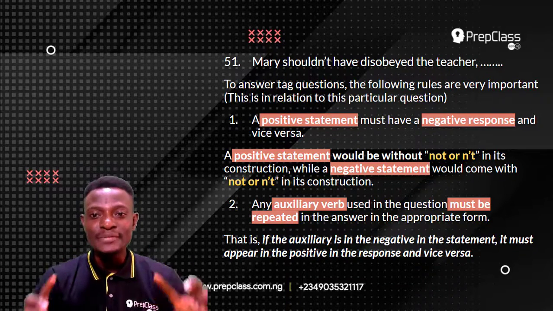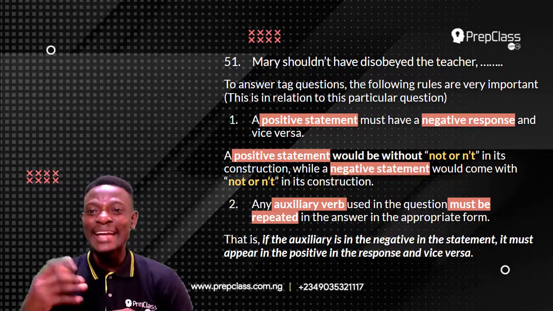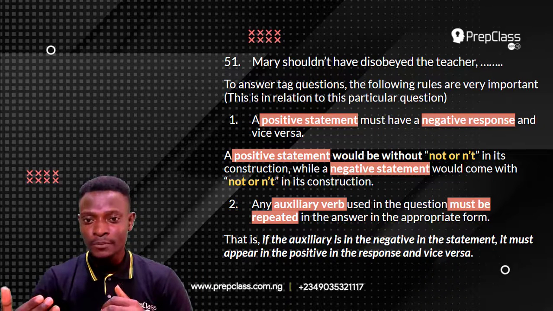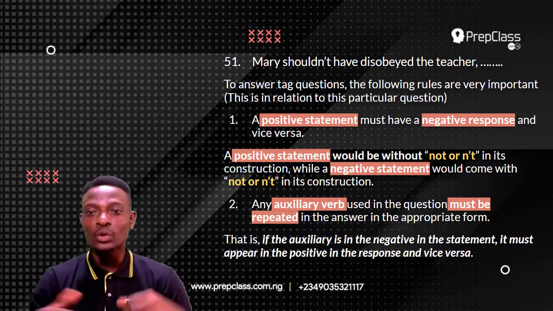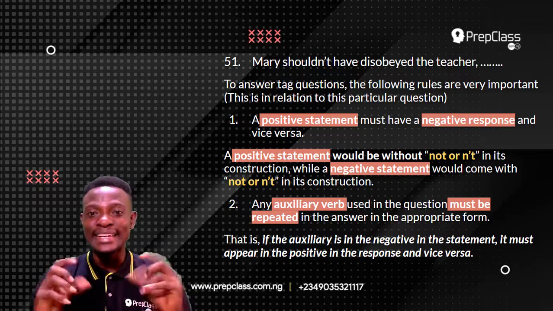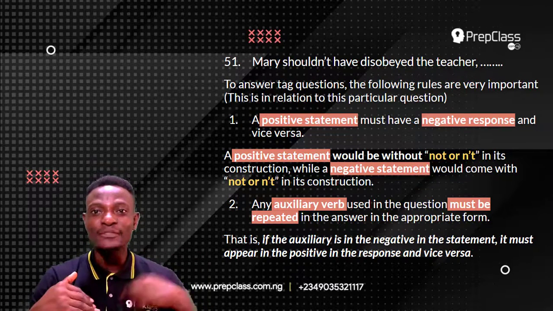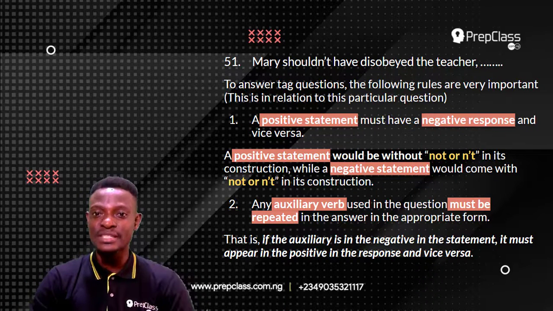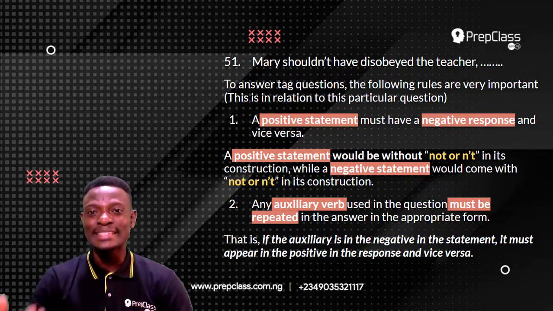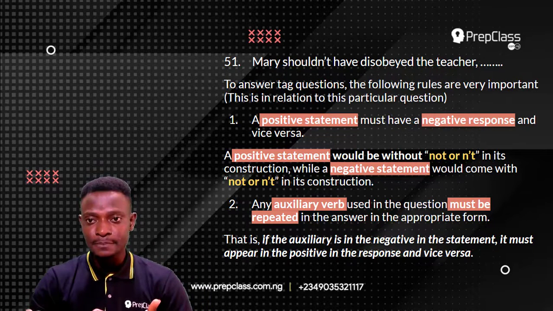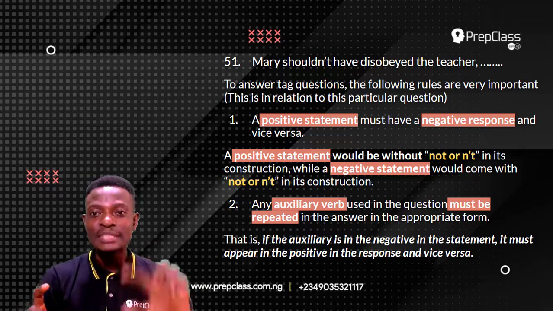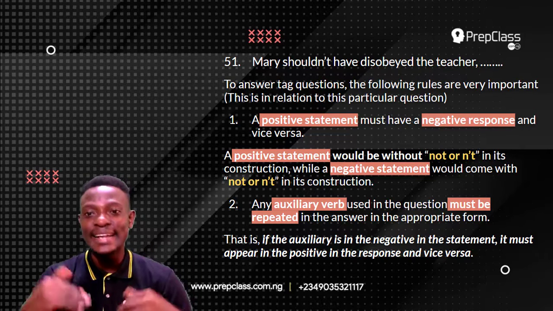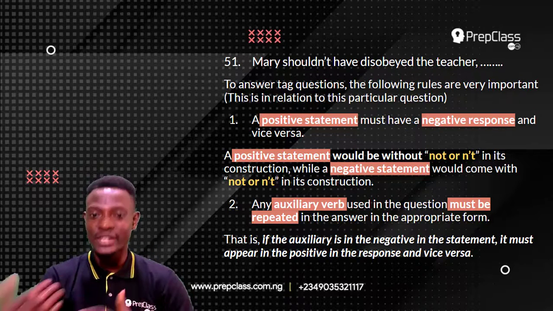A positive statement is without not or nt in its construction, while a negative statement comes with not or nt in its construction. So, a positive statement must have a negative response and a negative statement must have a positive response.